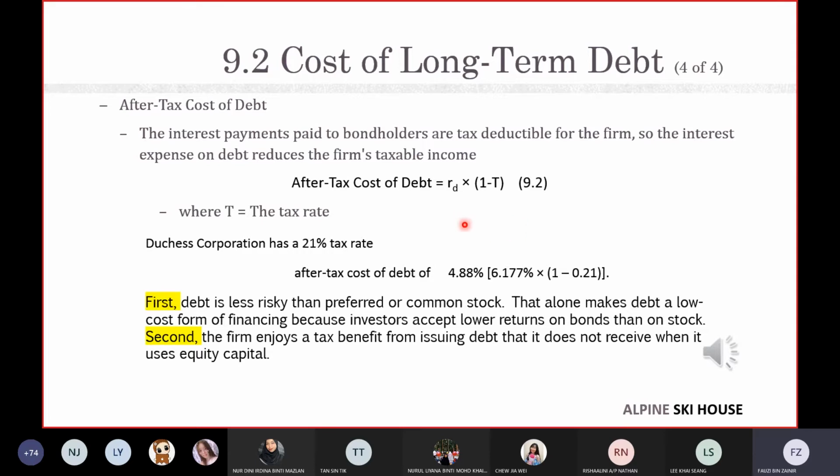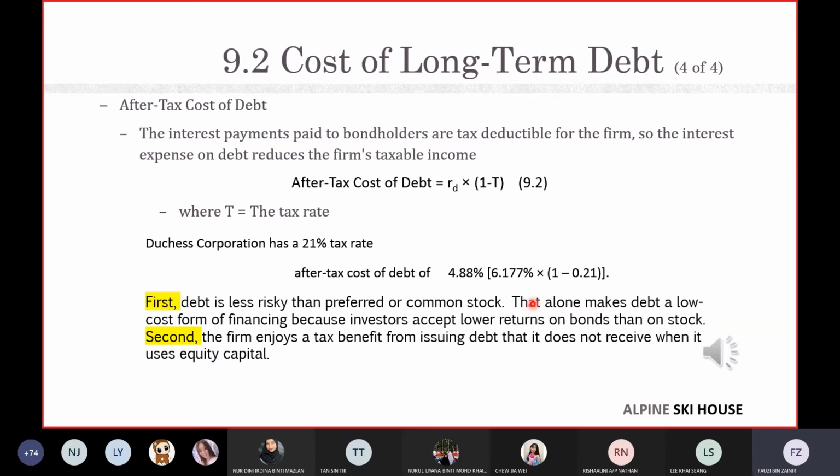But they benefit more from the tax deductibility effect, in which the real cost is only 4.88% rather than 6.18%.